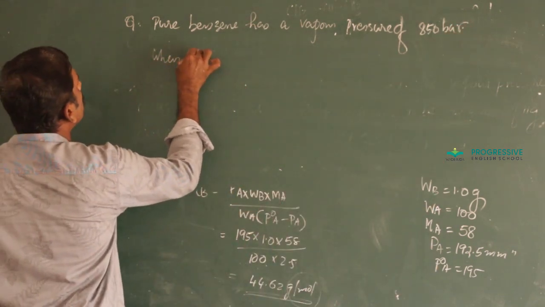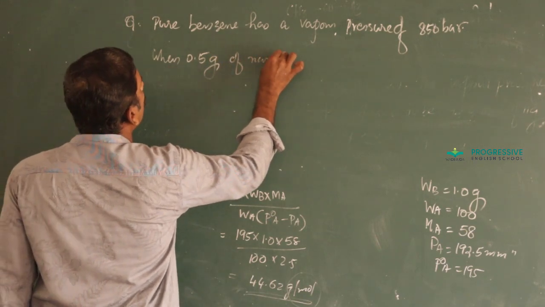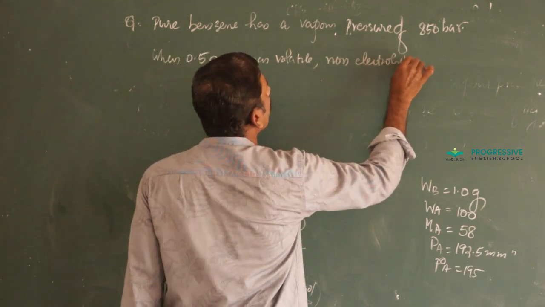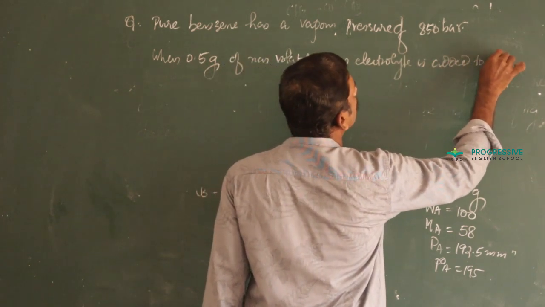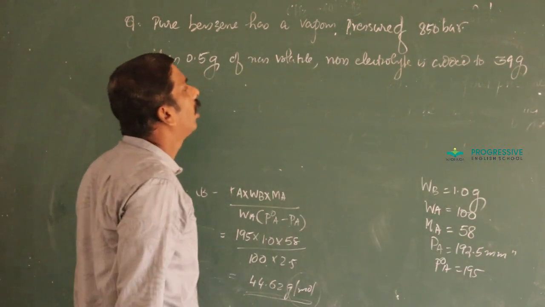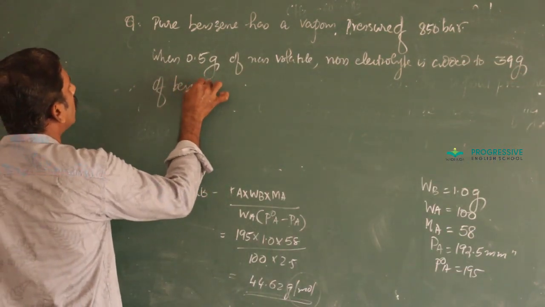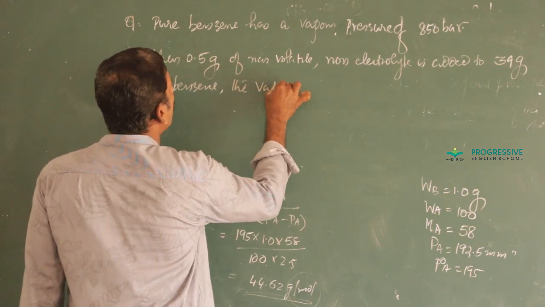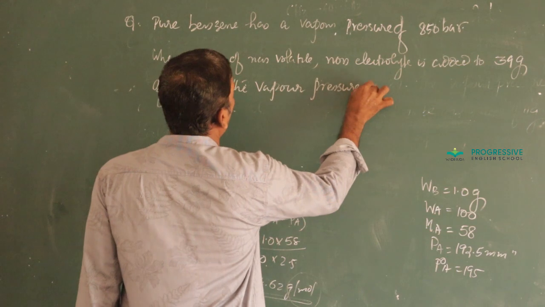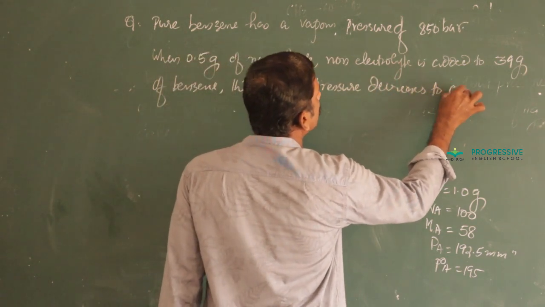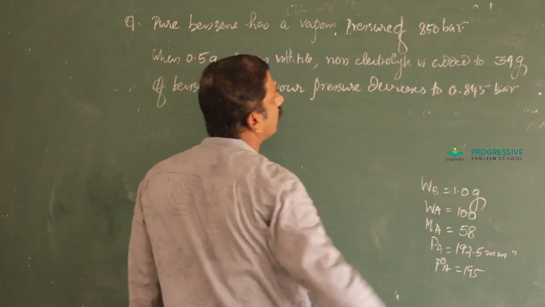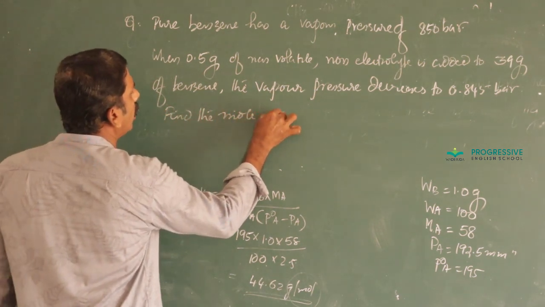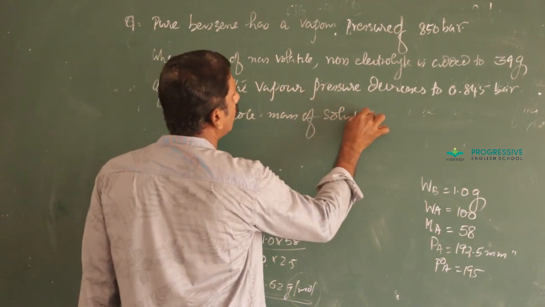When 0.5 gram of a non-volatile non-electrolyte is added to 39 gram of benzene, C6H6, an aromatic compound, the vapor pressure decreases to 0.845 bar. Find the molecular mass of the solute.